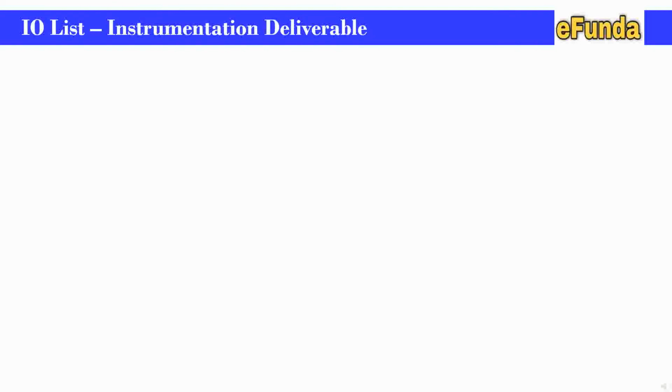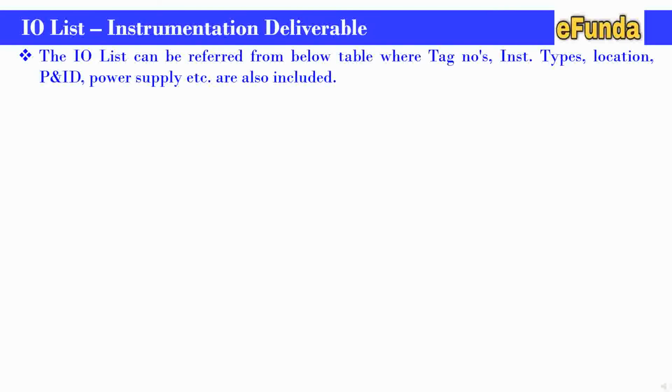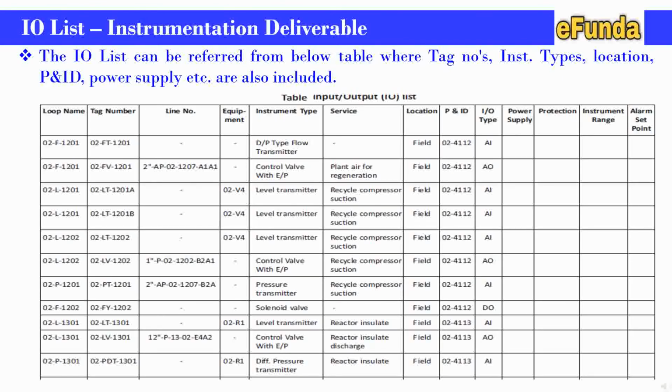IO list, instrumentation deliverable. The IO list can be referred from the table below, where tag number, instrument type, location, PNID, power supply, loop number, etc. are also included as part of the input output list to the control system vendor.